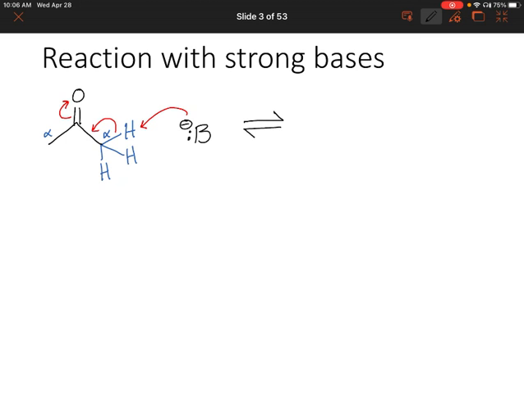We're going to form a negative oxygen here, and then we'll have a double bond on the carbonyl carbon and one of the alpha carbons. This is what we call an enolate.